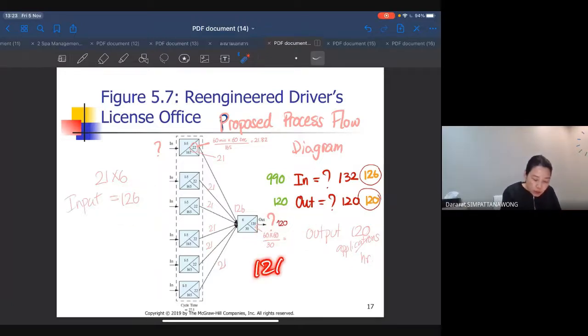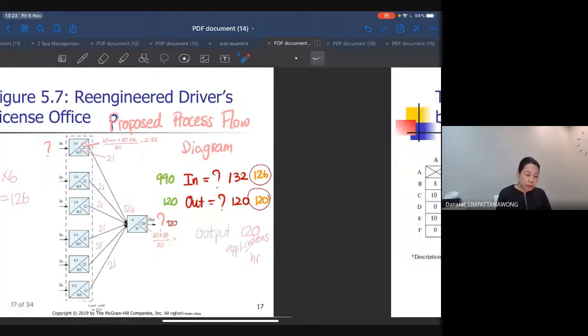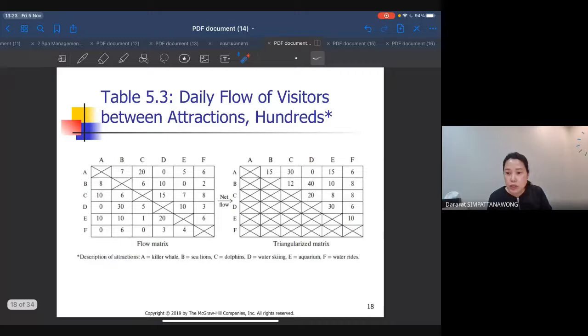So that's 126 minus 120 equals 6 applications lost. So that's the idea for you, as a manager, to look at the process and try to find a way to improve the quality of the service once again. This is the idea.